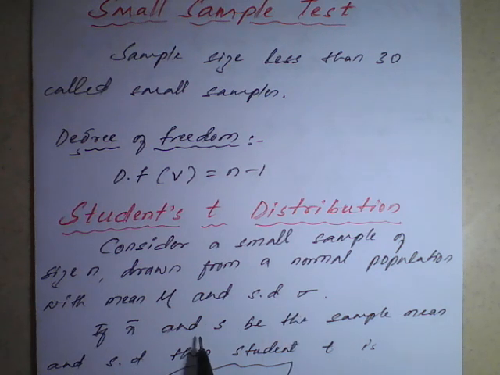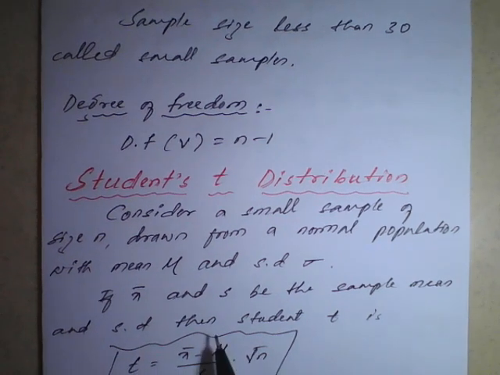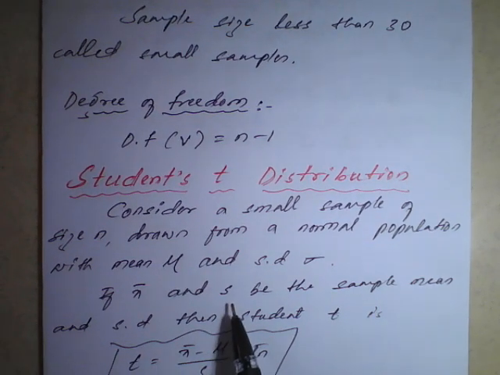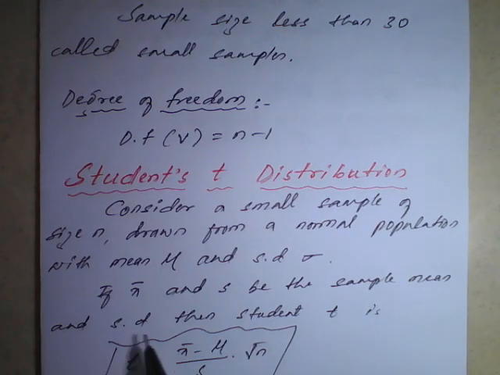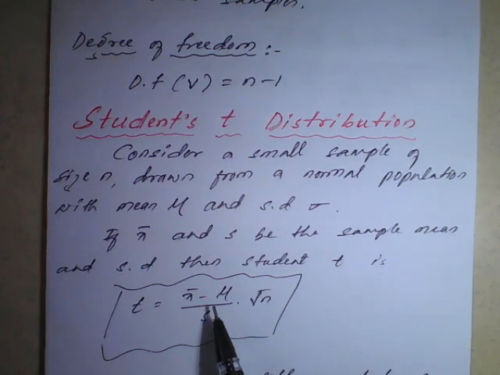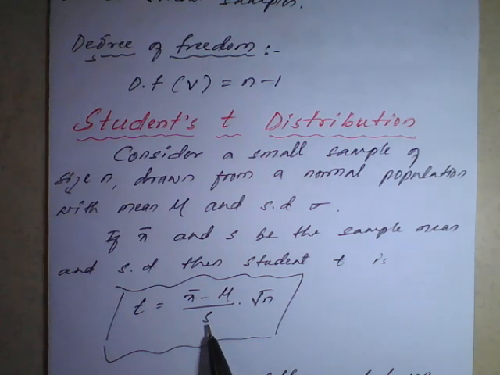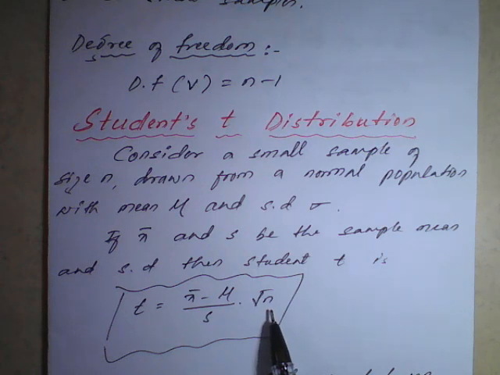If x bar and s are the sample mean and standard deviation, s stands for the standard deviation of the sample, then student t is given by t is equal to x bar minus mu divided by s into square root of n.